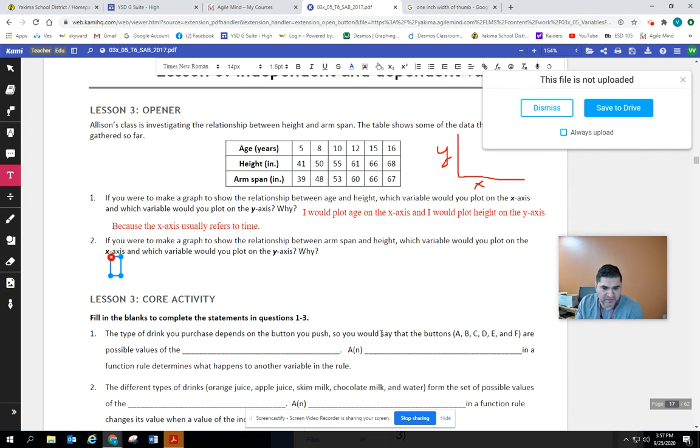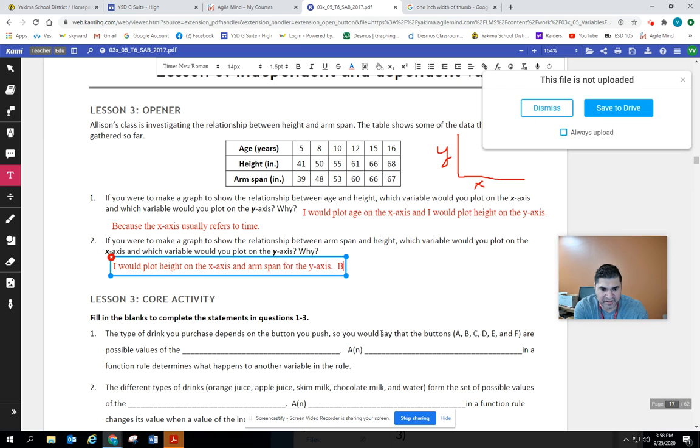So I'm going to type in height. I will plot height on the x-axis and arm span for the y-axis.